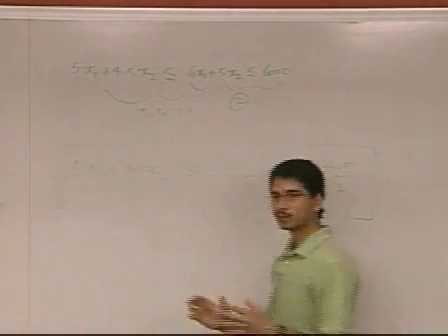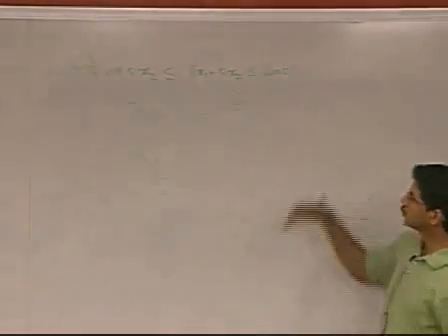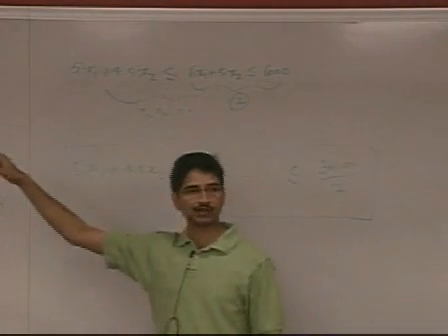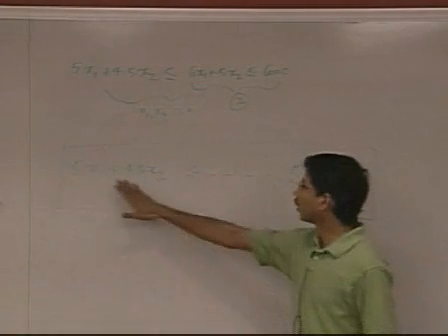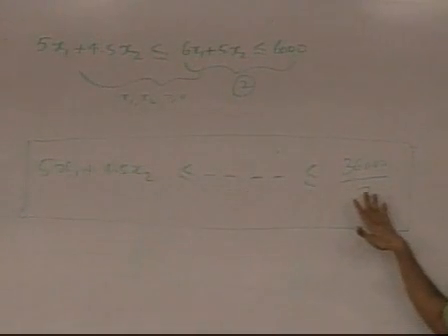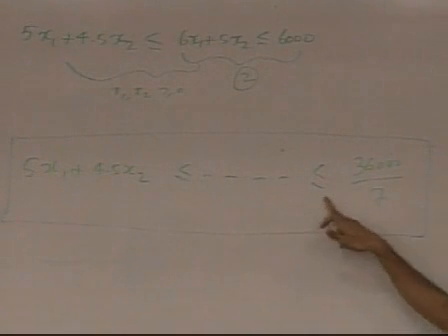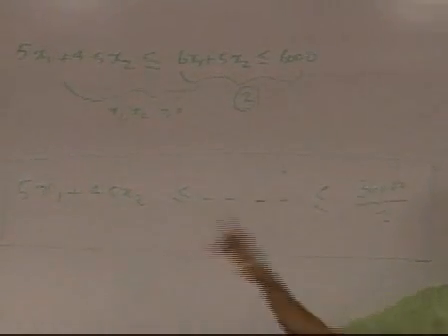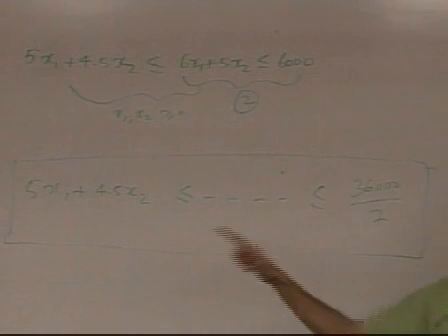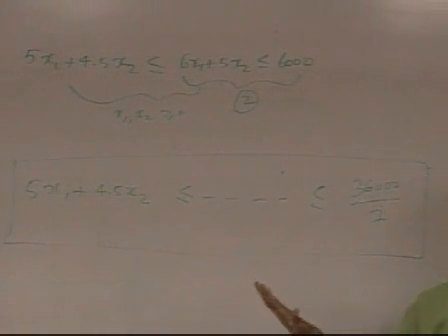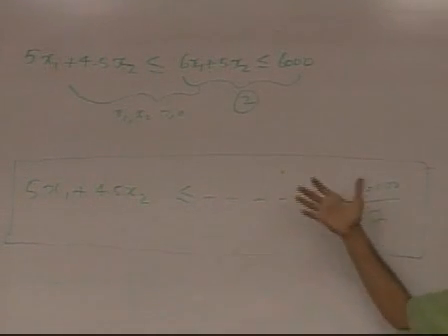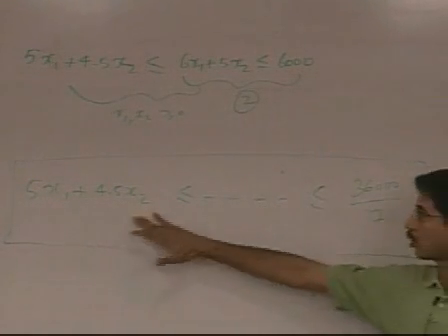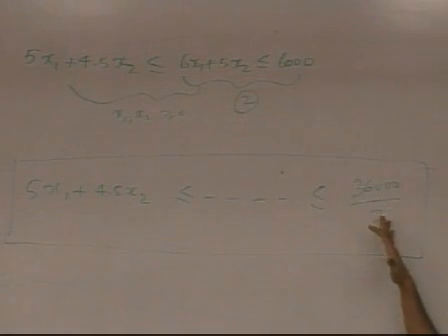And one way of proving that would be, if possible, to somehow be cleverer in operating on the constraints of our problem and derive an inequality that looks like this, where the right-hand side is exactly that term. Now, if we do that, then we know that the solution we found is the best possible value, because we've derived an inequality from the constraints of the problem that says that your profit cannot be better than this quantity.